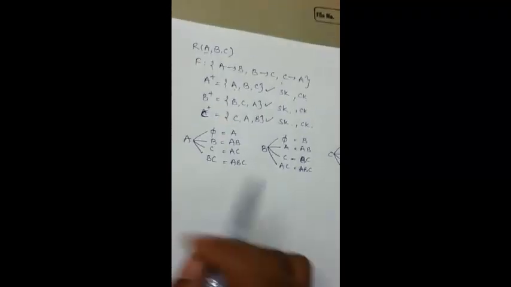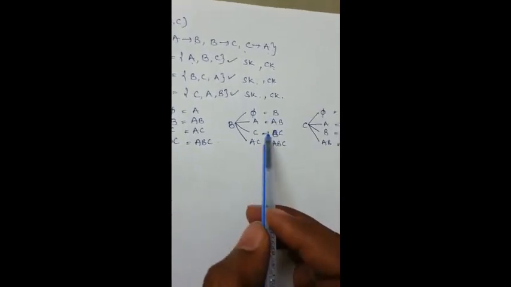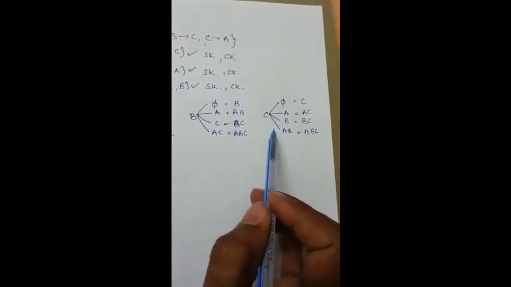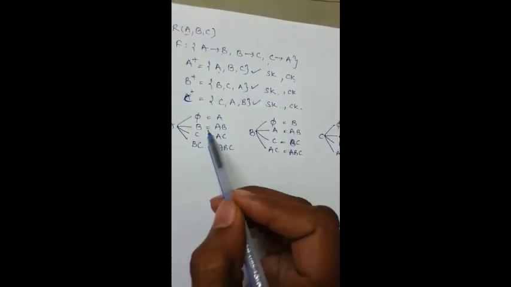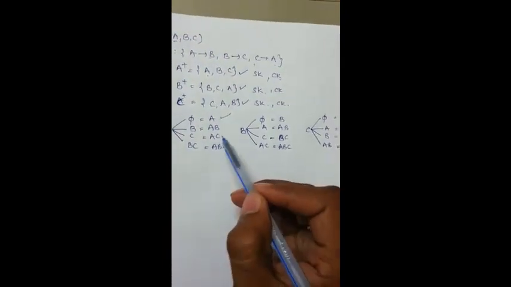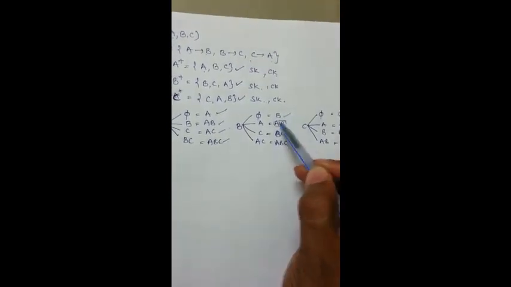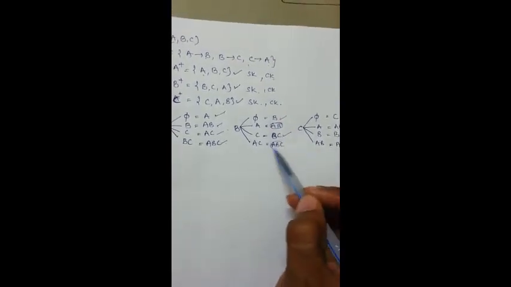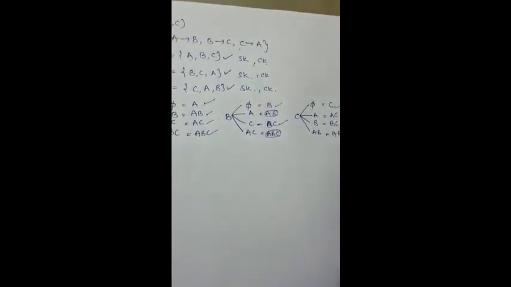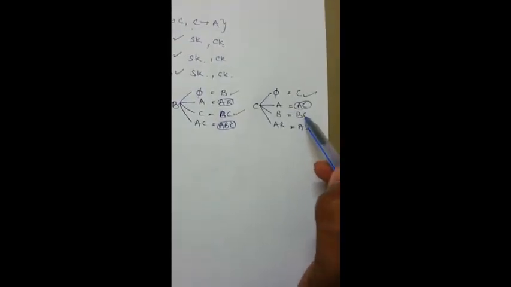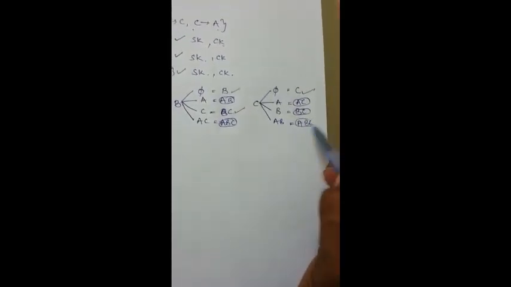Now with A we got 4 possibilities, with B we got 4 possibilities, with C we got 4 possibilities. Now totally we count 1, 2, 3, 4 and 5. This AB is repeated, 6 ABC is repeated, 7 AC is repeated, and this BC is repeated, ABC is repeated.